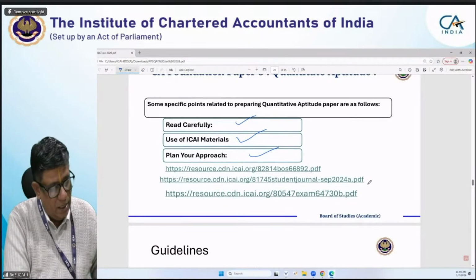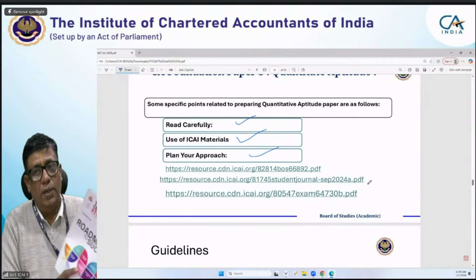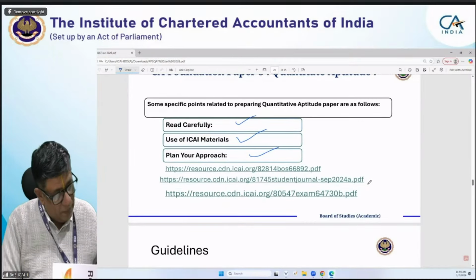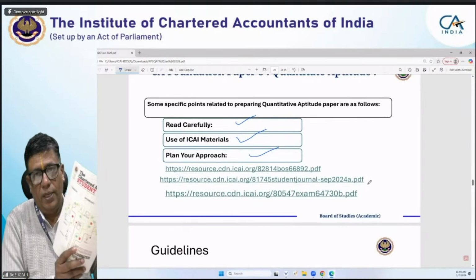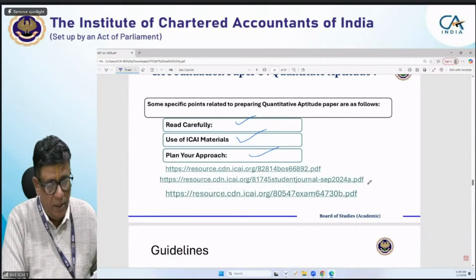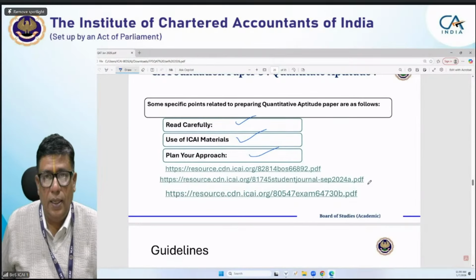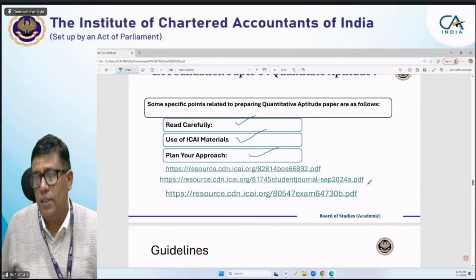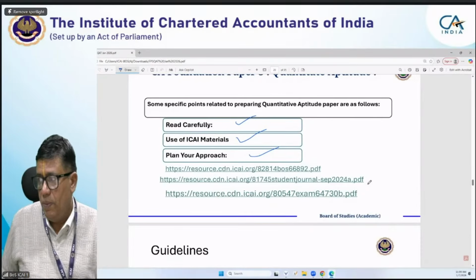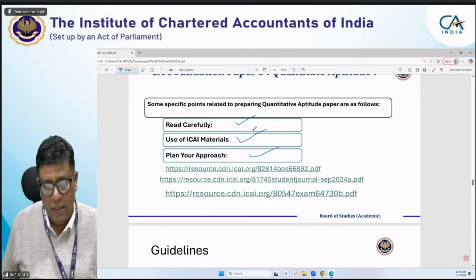Apart from that, the roadmap for success for April 24 and September 24, and subject-specific preparation for the examination are also given here. This will definitely help you crack the CA Foundation examination. It is given for all subjects, and it will support and encourage you in preparing for the exam.